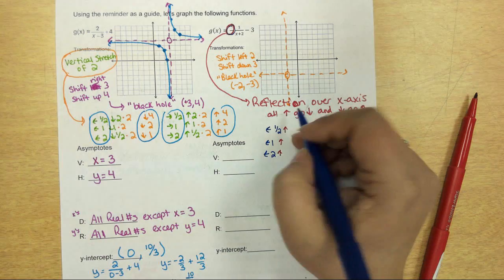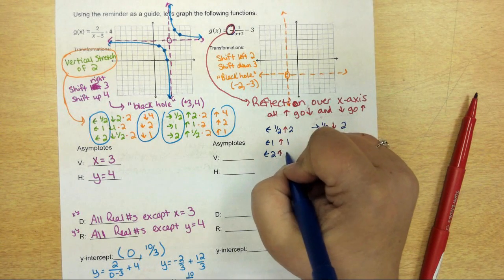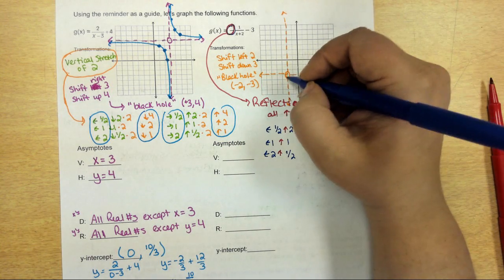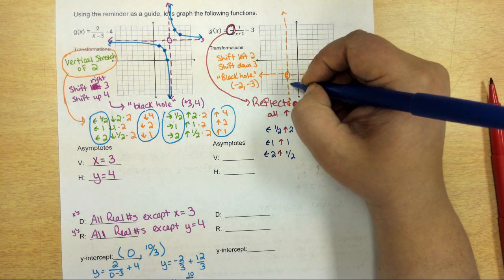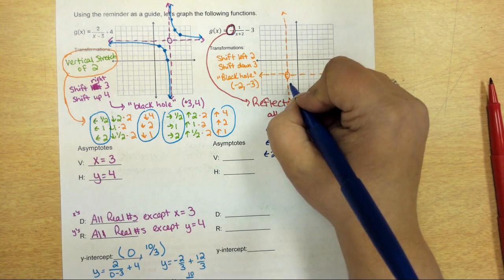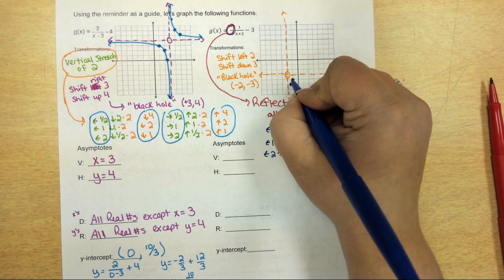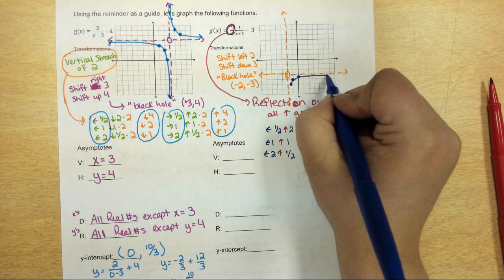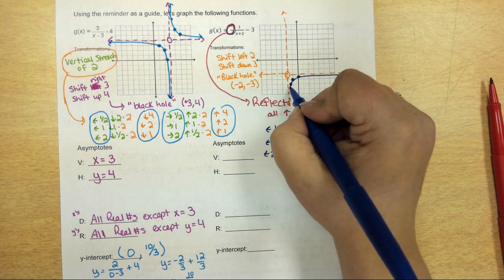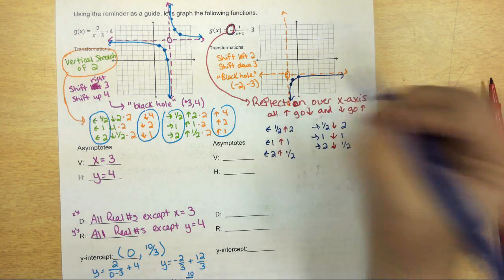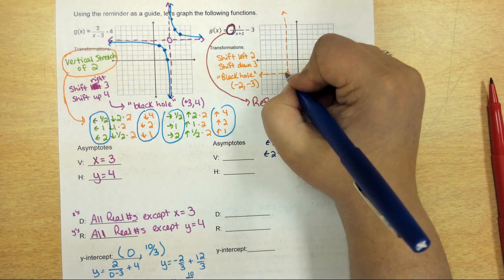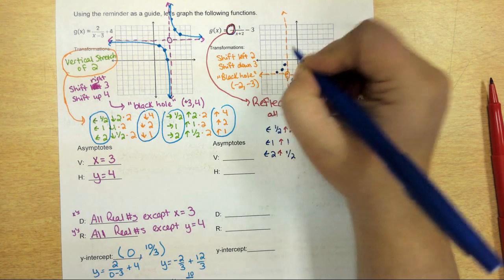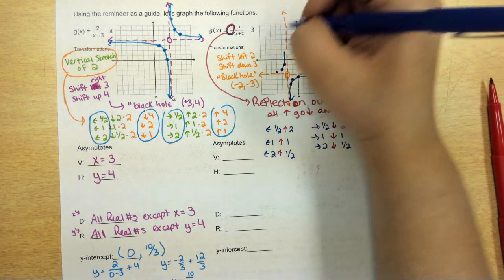So as you can see, we're going to kind of flop stuff around here. So from my black hole, I start counting right 1/2, down 2, right 1, down 1, and right 2, down 1/2. So there's my first branch of my hyperbola. And left side, now I'm going to go up, and there's that branch of my hyperbola.